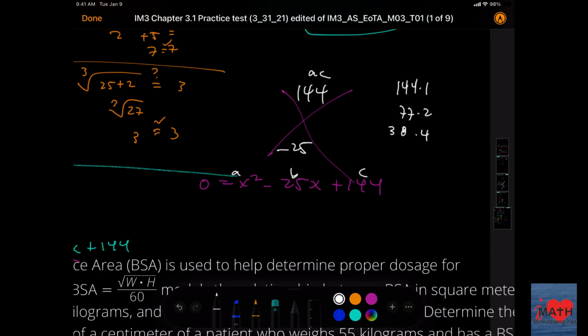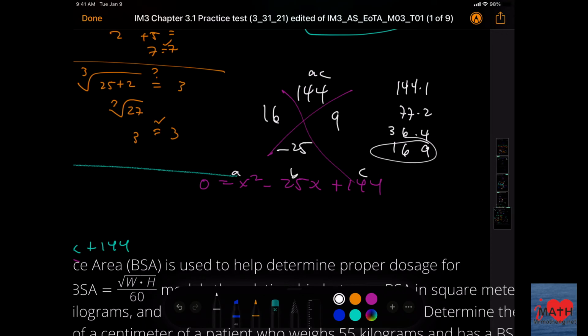Brain fart. 144 divided by 4 gives you 36. 4 goes into 24 6 times. Duh. Okay. How about 9? 9 goes into 14 once, with remainder 5. 9 goes into 54 6 times. And I think that's our winner.